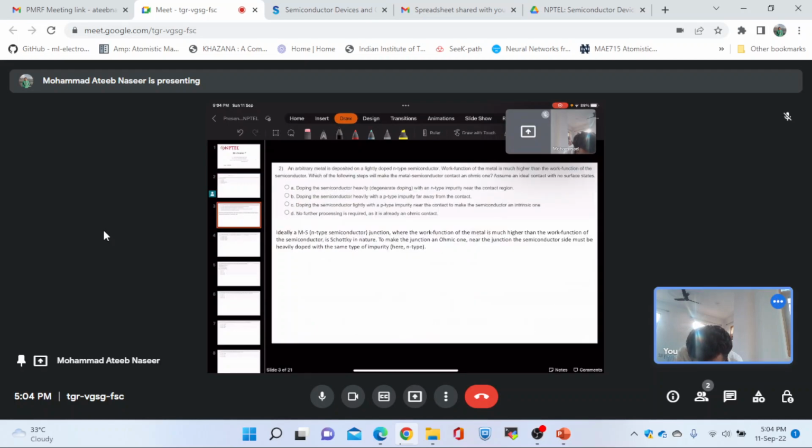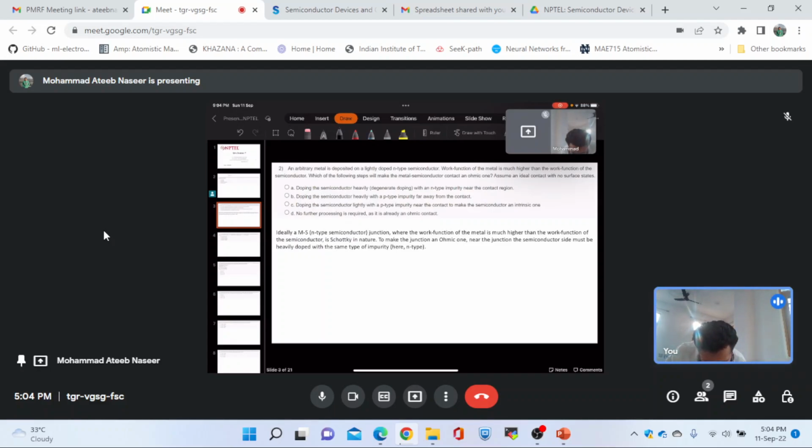It states that we have been given a metal deposited on a lightly doped n-type semiconductor. The metal work function is much higher than the semiconductor work function.